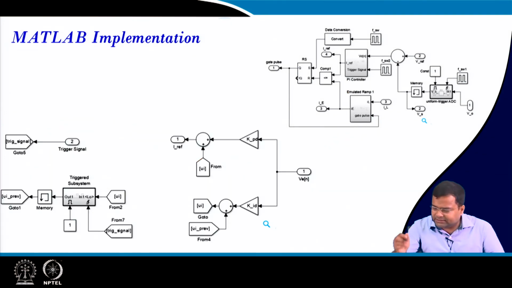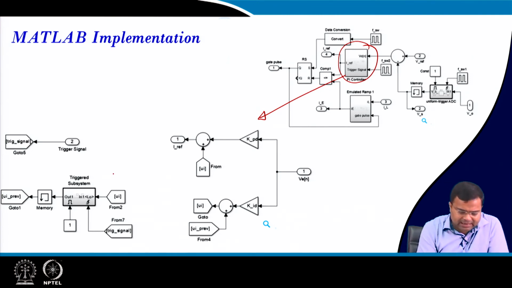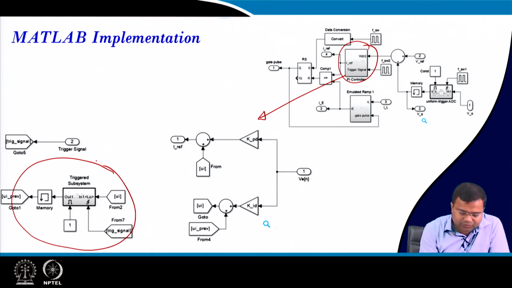Next, this is a PI controller. So, I am talking about this block shown here, and this we have discussed. This is exactly the same as mixed signal current mode control, where it is a clock driven PI controller which is implemented using a difference equation. And again this is used to generate what?